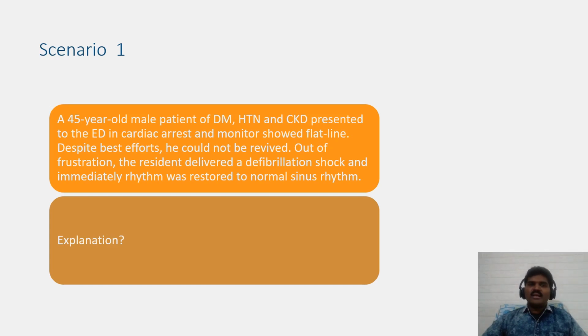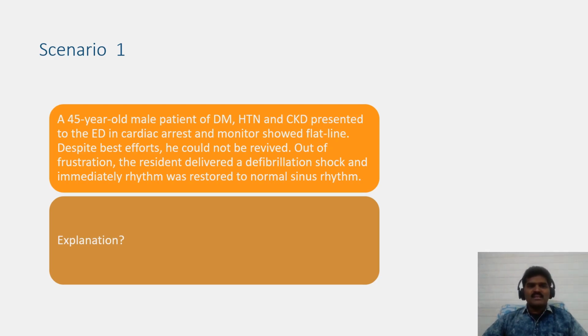So first, let's have a look at some of the cases, or let me call them scenarios, where proper identification and management of asystole becomes an important point.